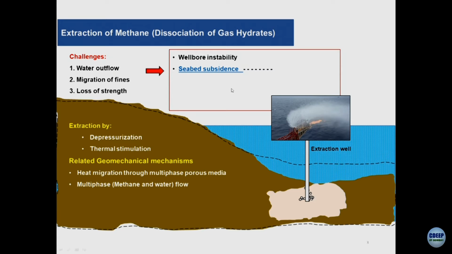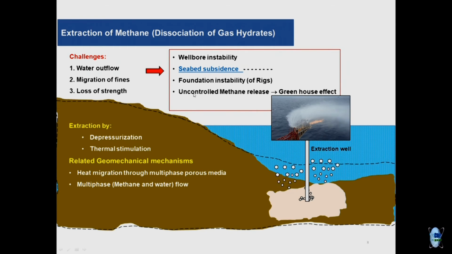When water flows out of the sediments, migration of fines occurs, loss of strength occurs, wellbore instability takes place, seabed subsidence occurs. Foundation instability occurs. So, the rigs which have been installed on the seabed are bound to collapse, and as I discussed, uncontrolled methane release is going to cause a greenhouse effect.